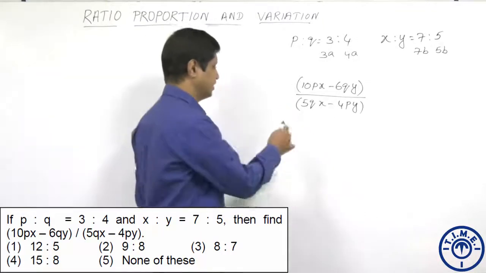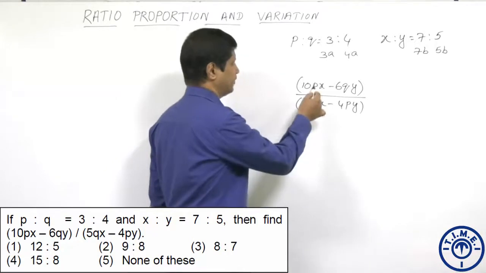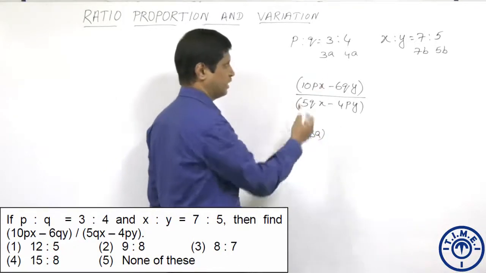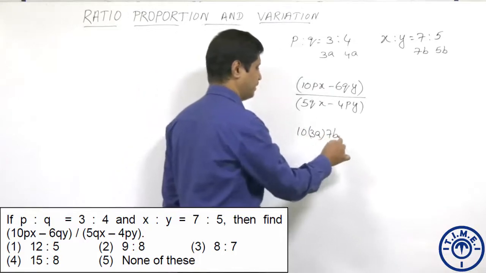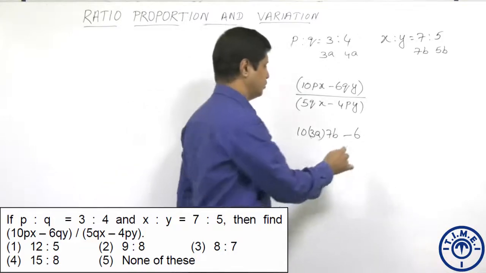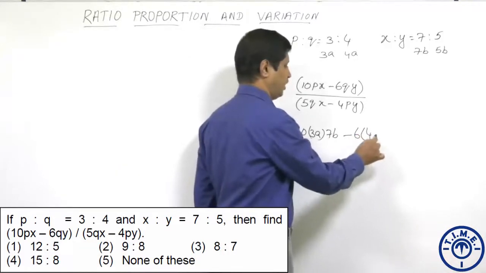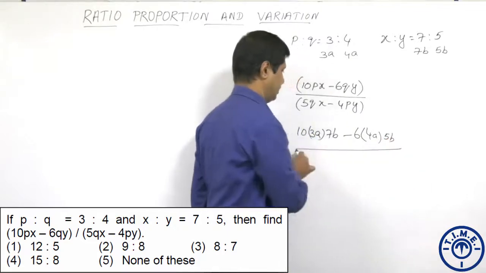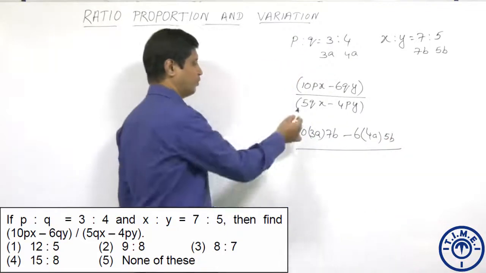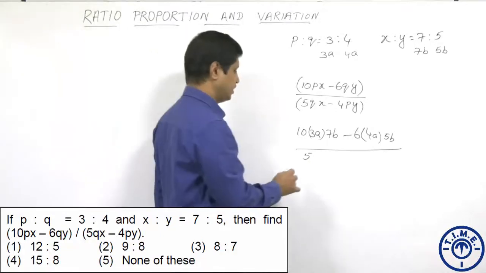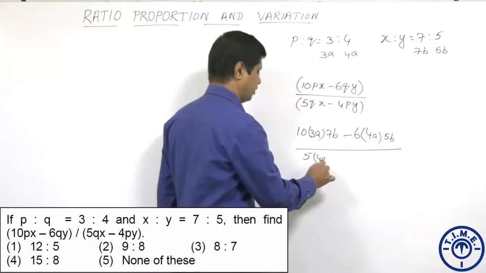Now what is the result? Now 10 P, the value of P is 3A. What is the X value? It is 7B. Minus 6 Q, the value of Q here is 4A, the value of Y, 5B. Next, the denominator part, 5 Qx, the value of Q is 4A.